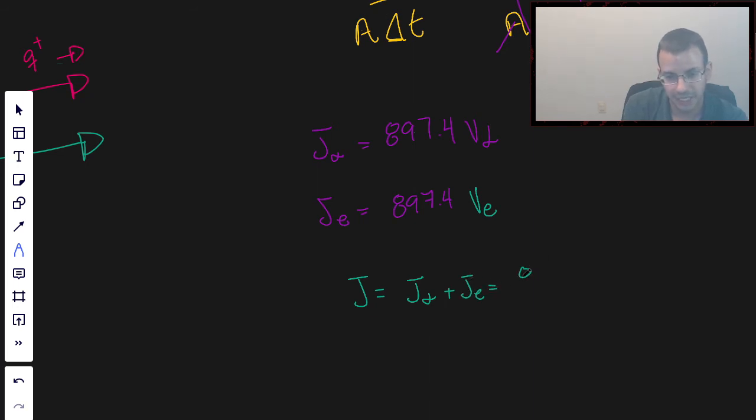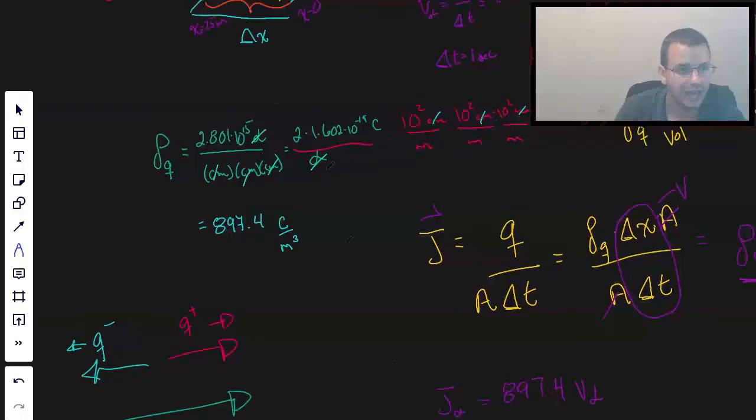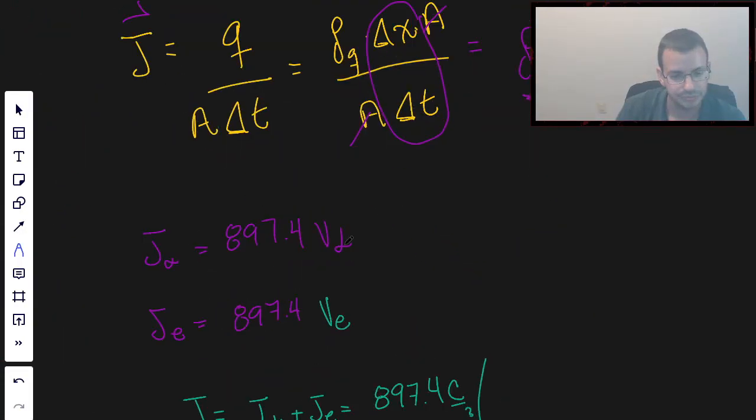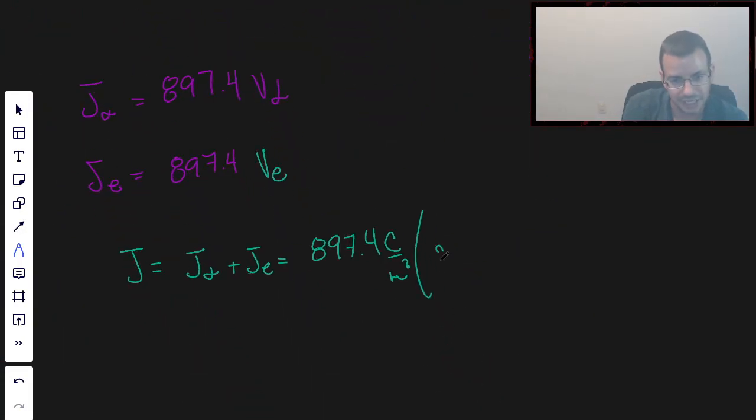Which is just going to be 897.4 coulombs per cubic meter times 25 plus 88. These are in meters per second.